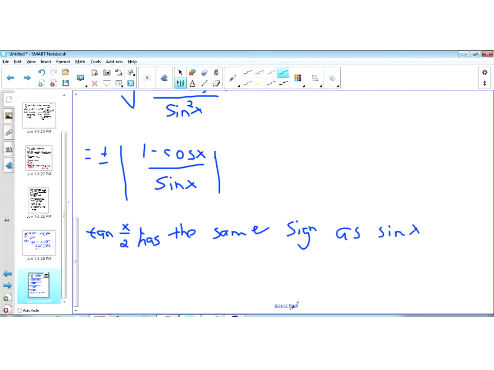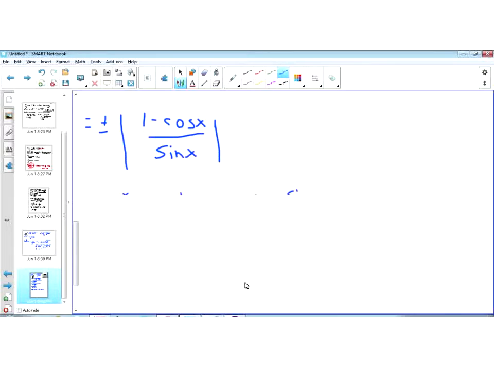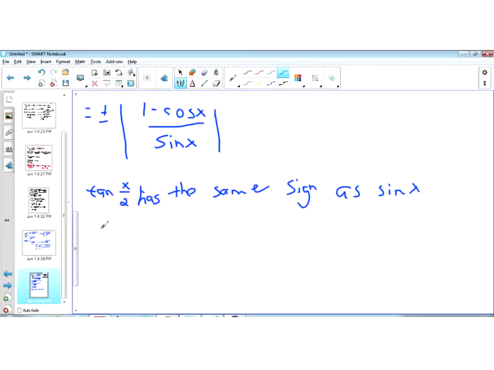So that aids us in simplifying the plus or minus.